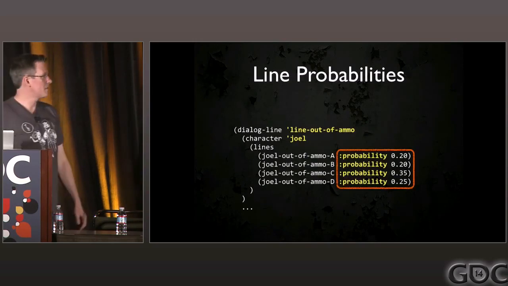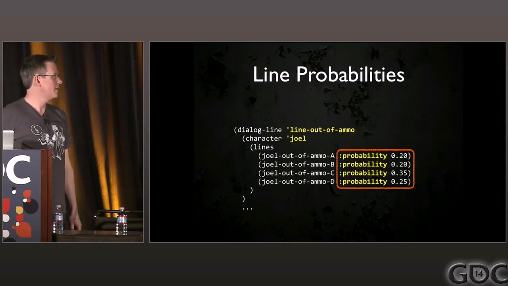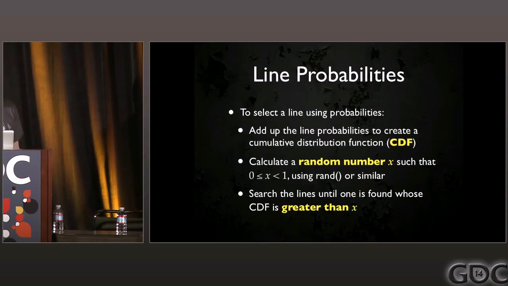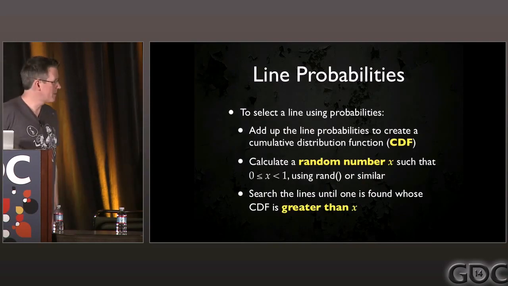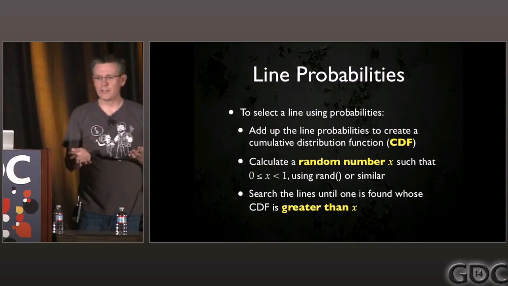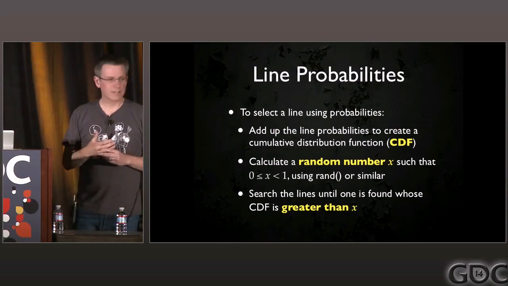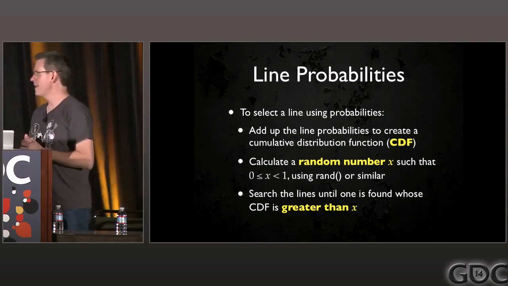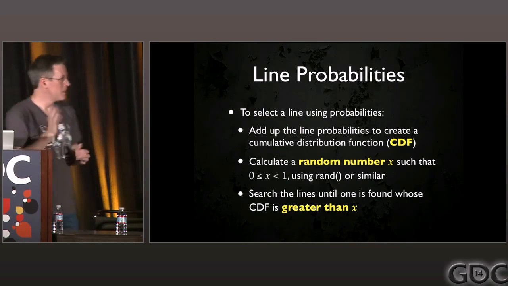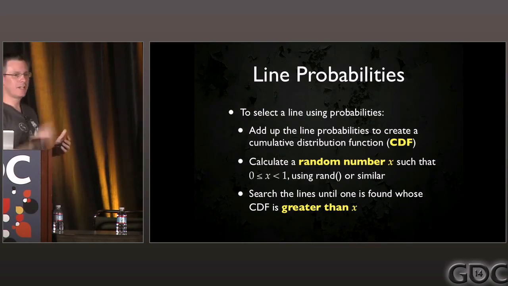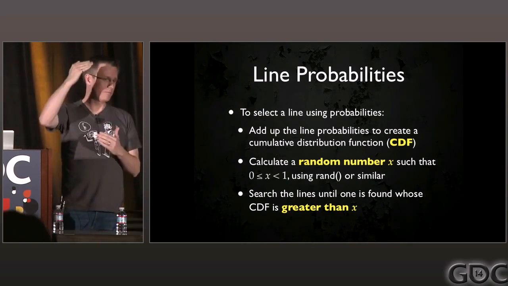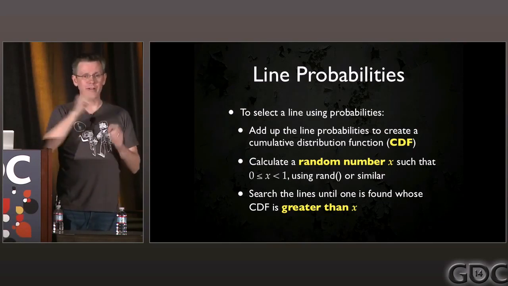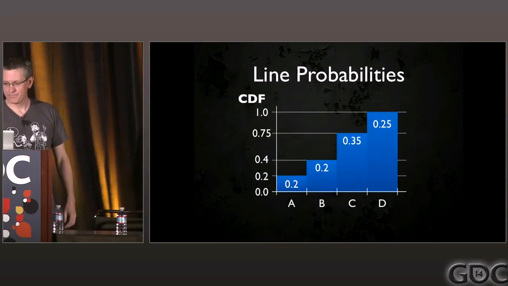Now, you might want to provide some probabilities. In this case, we need a different mechanism for randomization, and we do have to check explicitly for repetition. Basically what we do, and most programmers do this naturally, what they might not realize is that they're actually calculating something called a cumulative distribution function, or CDF. That'll make your math teachers happy, but you don't have to worry about it. Basically, all we're doing is taking the probabilities of the lines in some predefined order and adding them up, creating a stair-step function like this.